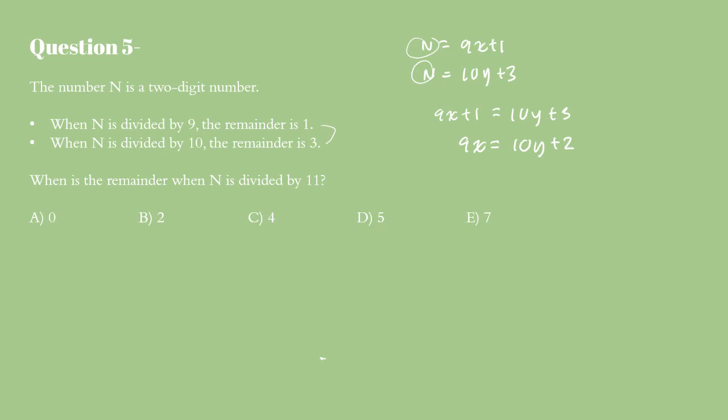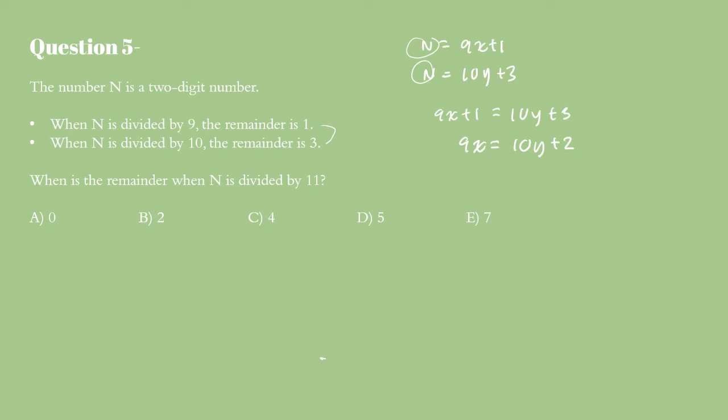So now what we can do, because x and y are both integer values, well, they wouldn't be just integer values. They would be counting number values. They would be non-negative integers. So now we can substitute non-negative integers in place of y, just for fun.